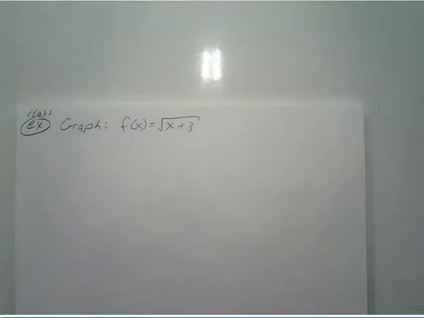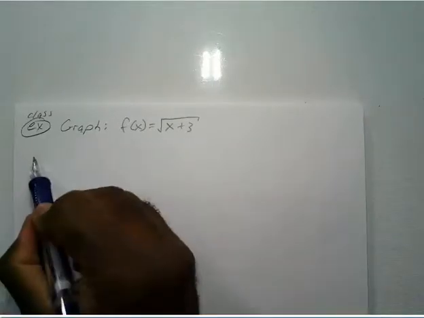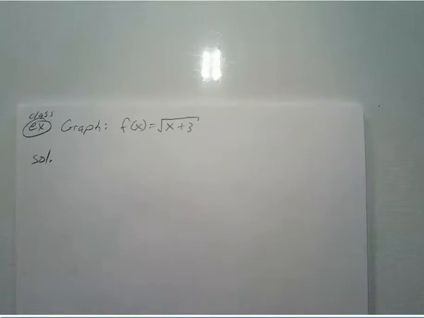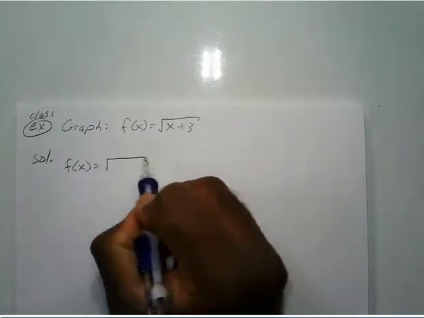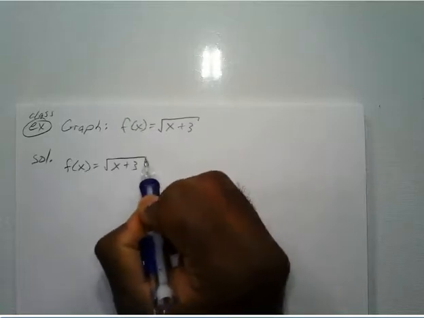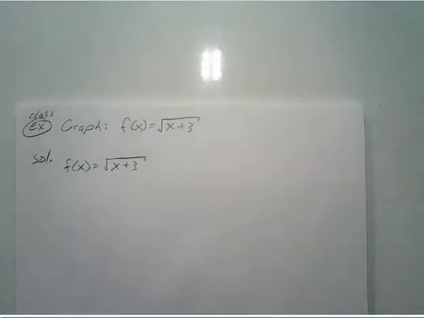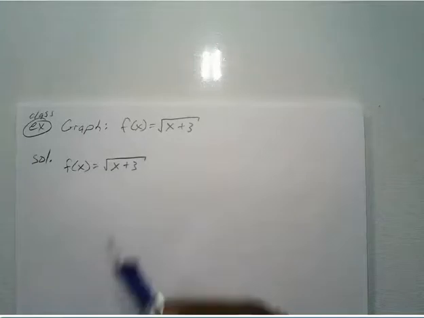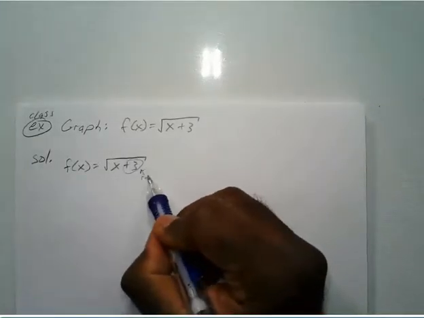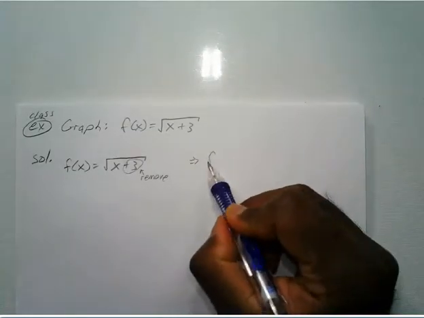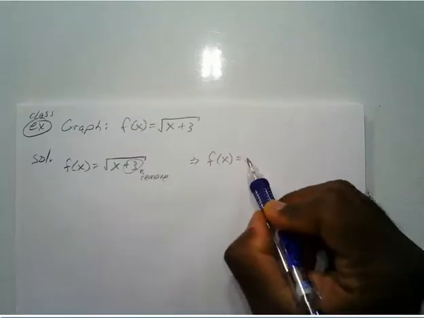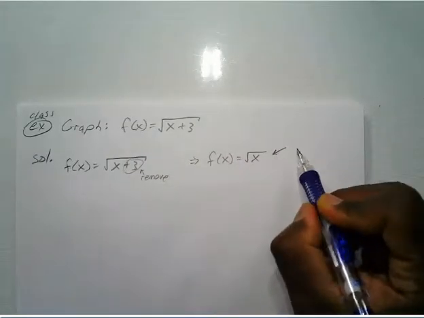Alright, so assuming that you've already pressed pause and worked this one out, let's go ahead and verify your answer. Starting off, we have f of x equals square root of x plus 3. The first thing we have to do is find our parent function. So this plus 3 disappears. Remove that, which leaves us f of x equals square root of x as our parent function.